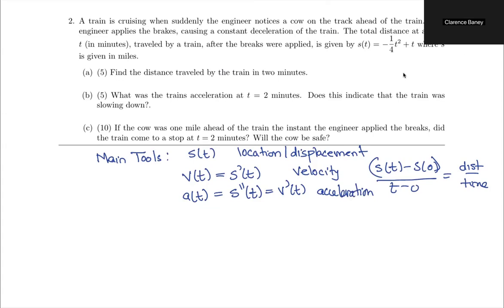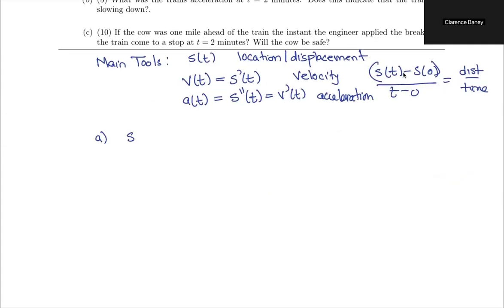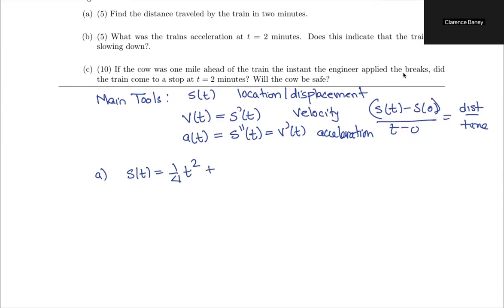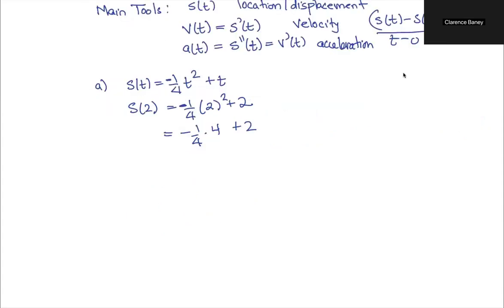Those are the main tools you needed to know for this, and then be able to know what the question is asking. The first part of the question is: find the distance traveled by the train in 2 minutes. Since the total distance is characterized by s of t equals negative 1/4 t squared plus t, s of 2, which is in minutes, is going to be negative 1/4 times 2 squared plus 2, which is negative 1/4 times 4 plus 2, which equals negative 1 plus 2, or 1.